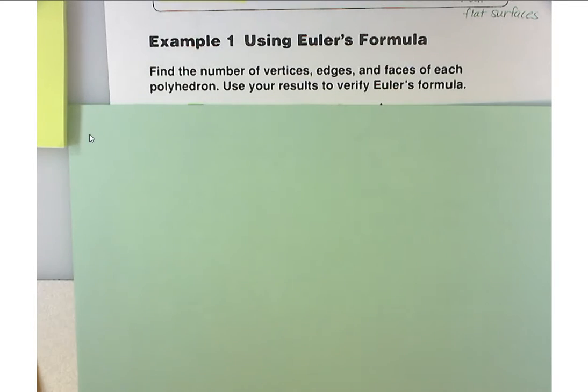Okay, so I'm going to give you a minute right now to find the number of vertices, edges, and faces. Okay, so write down what those are for the vertices, the edges, the faces.